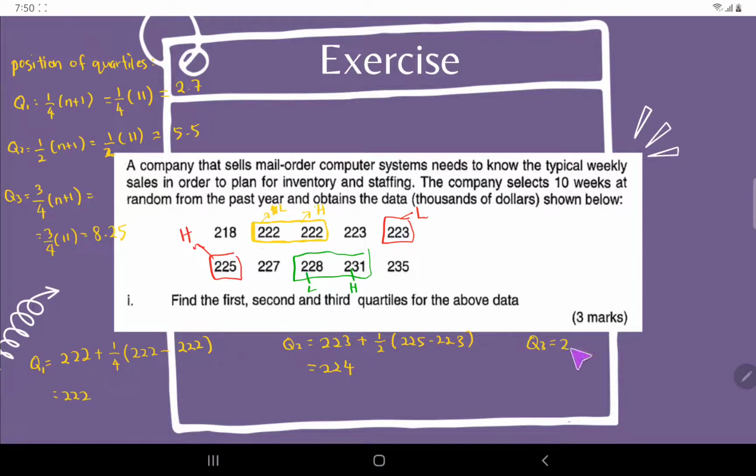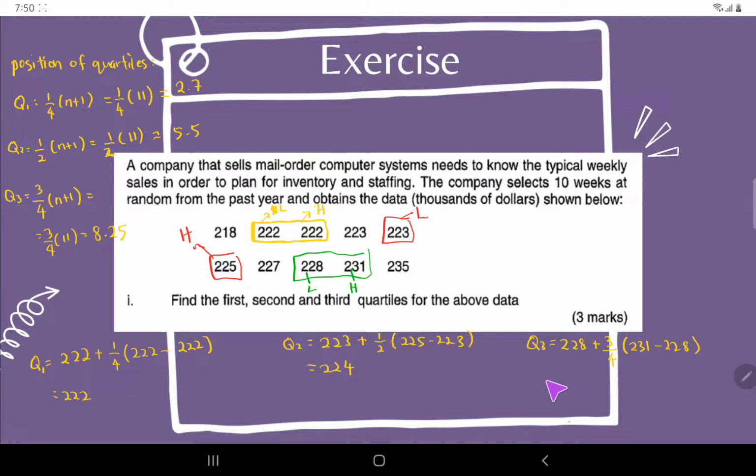Our L is 228 plus our F is 3/4 times H minus L, 231 minus 228. Here 231 minus 228 is equal to 3. 3 times 3 equals 9. 9 divided by 4, and then plus 228.